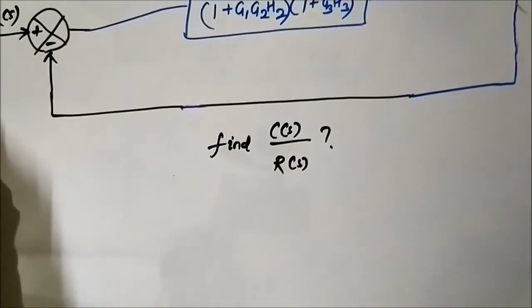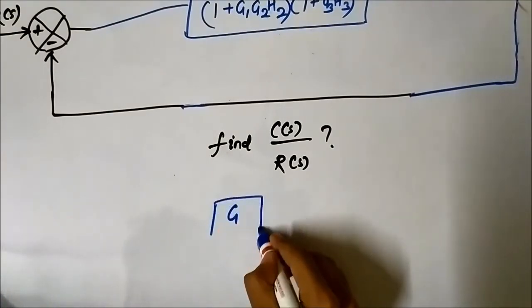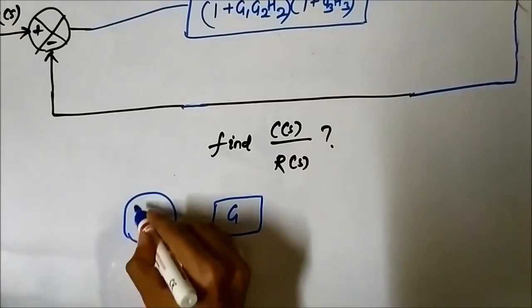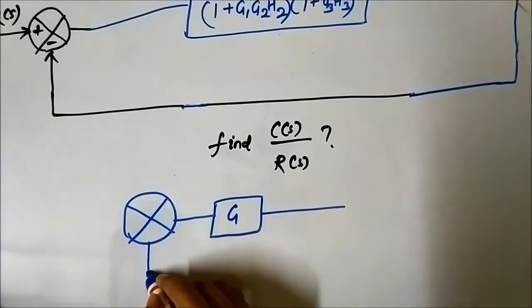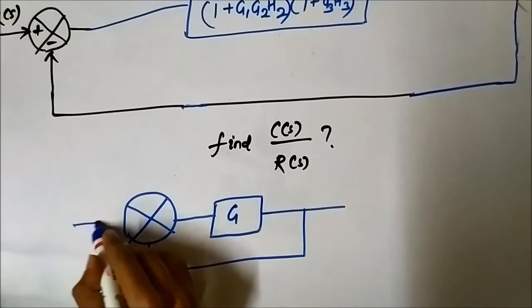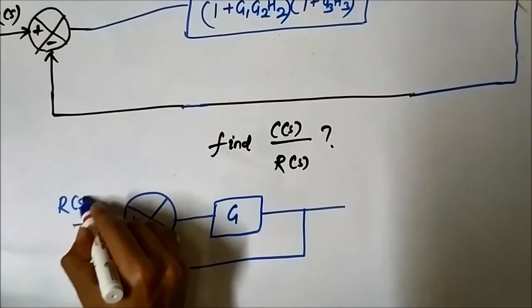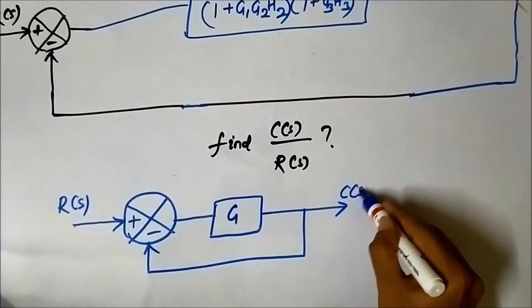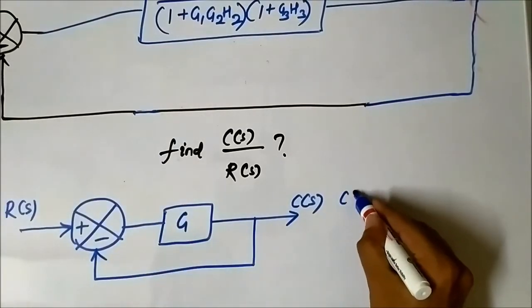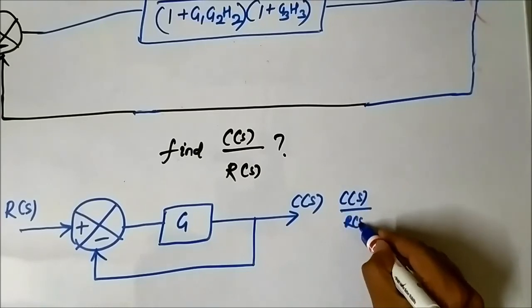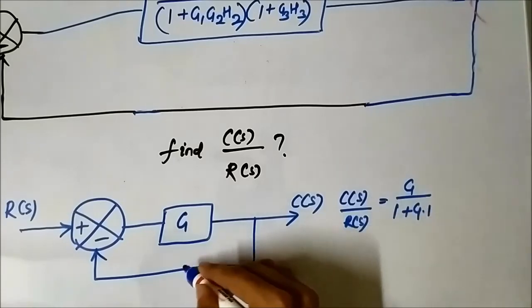In this case the transfer function is G by 1 plus G into 1, because H is equal to 1.